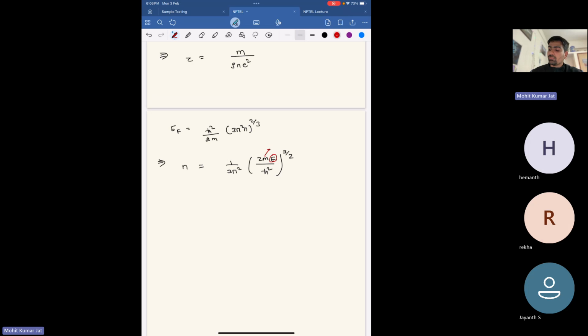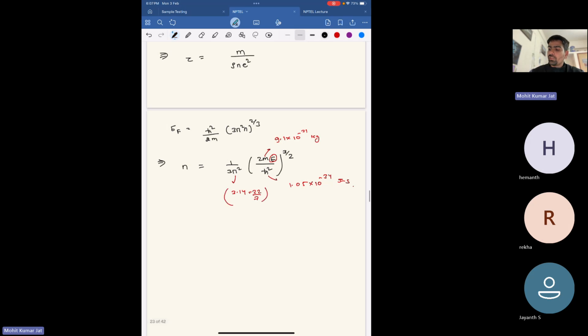You can feed in the value of EF; m you already know, the mass of electron, 9.1 times 10 power minus 31 kg. H bar is 1.05 times 10 power minus 34 joule second, and this pi you already know, 3.14 or 22 by 7.